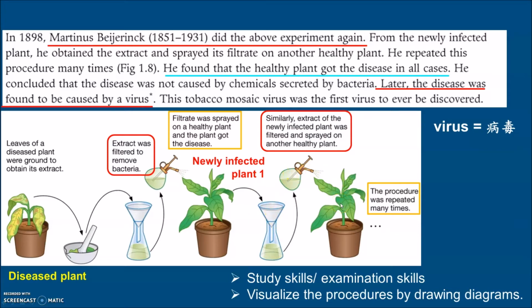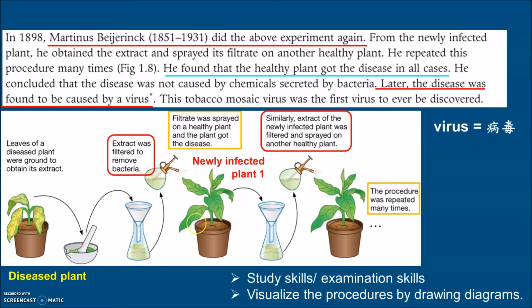So remember that up to this point, we filter the extract from the deceased plant. So at this point, all the bacteria, or maybe we can say most of the bacteria, are filtered away, they are removed.